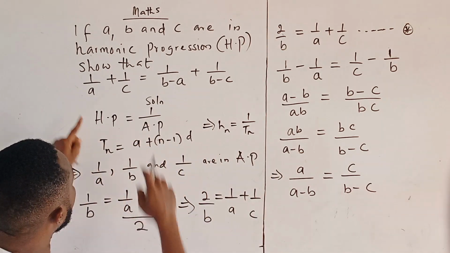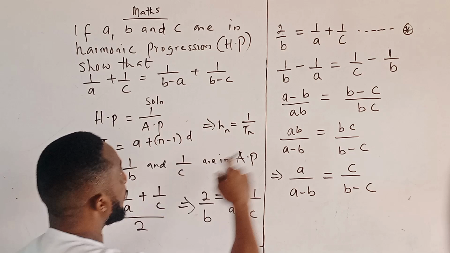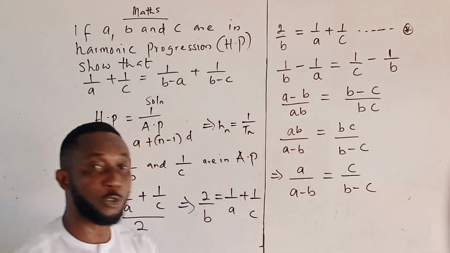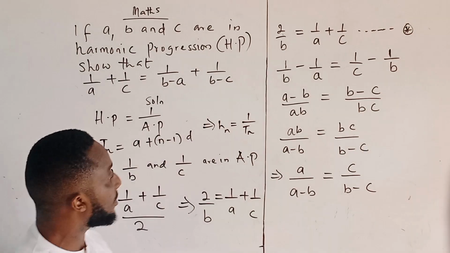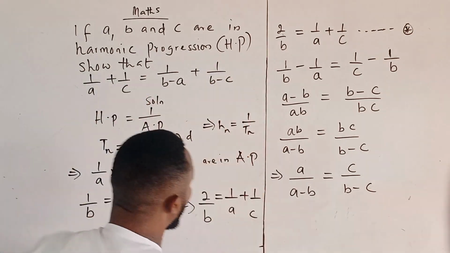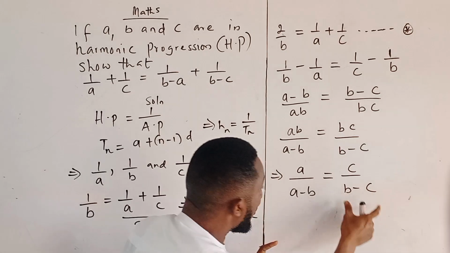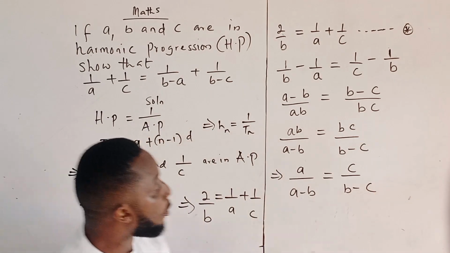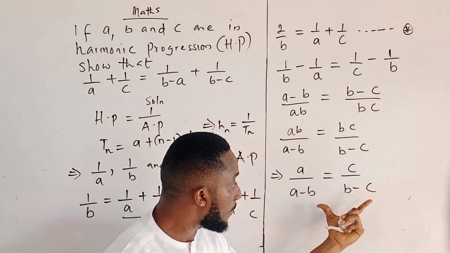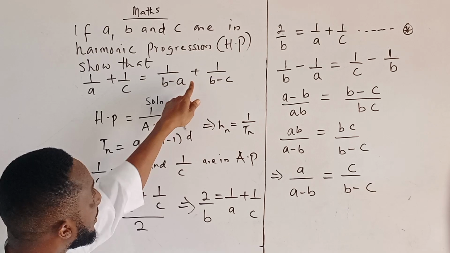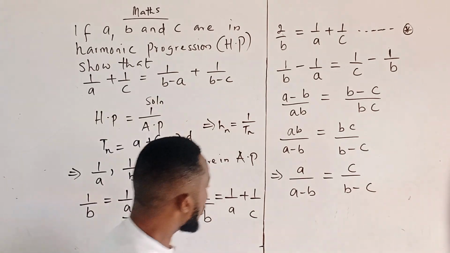Now, we already have the left side of this proof, which is our equation star: 2/B = 1/A + 1/C. You can see that the right side of what we are looking for, somehow, one of it is here, B - C. So we are going to play tricks on this expression so that we can get the desired result.